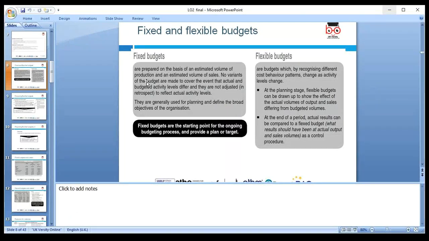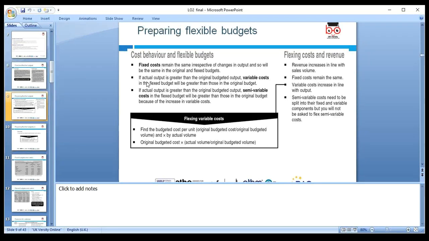We discussed this in the last lesson as well. So fixed stays the same and flex will change according to the actual activity.